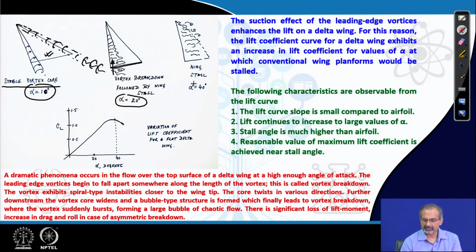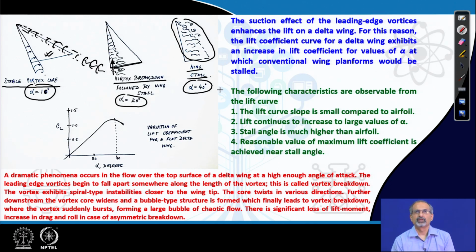And then finally, at extremely high values of alpha, say about 40 degrees, which is significantly larger than the stall angles that we see for airfoil sections, the flow completely disintegrates. So, this is what is called wing stall. So, there was a beginning of vortex breakdown much earlier, it gradually increased and moved closer to the wing, into the wing, and then it completely disintegrated over the upper surface of the wing, leading to wing stall.